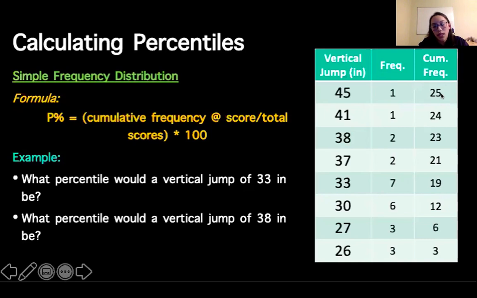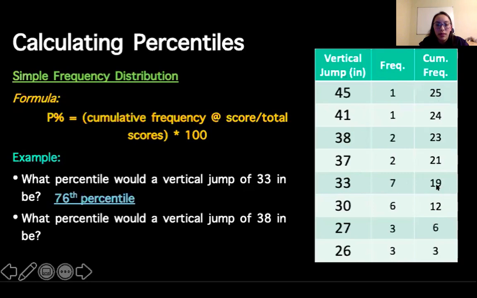So you can always check, right? But basically now we know that if someone had a vertical jump of 33, 19 people out of 25 were able to accomplish that jump, or at least that jump, okay? And so their percentile would be 76.